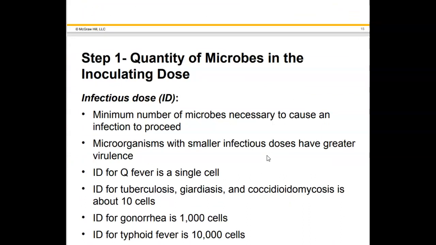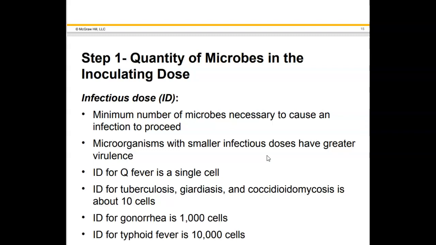So for pathogens to establish disease, they first have to infect the host. And we have what's called the infectious dose, which describes how many cells or virions are needed to establish an infection. The infectious dose, or the ID, is the minimum number of microbes necessary to cause an infection. This is going to vary depending upon the pathogen.